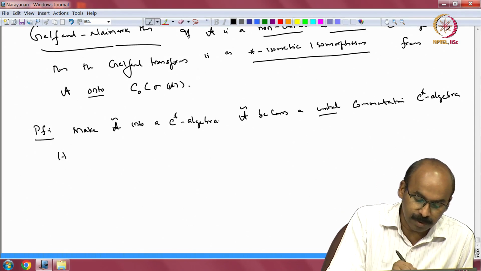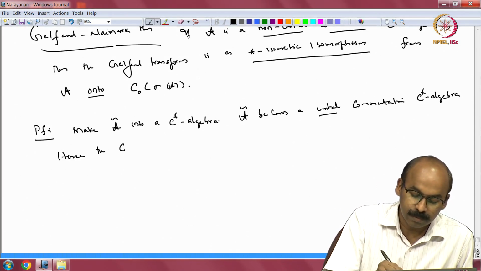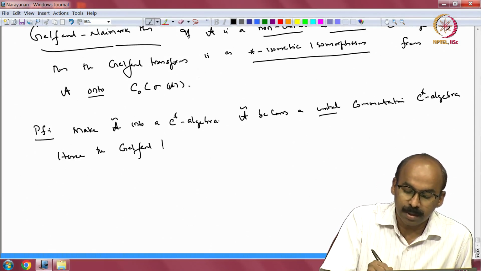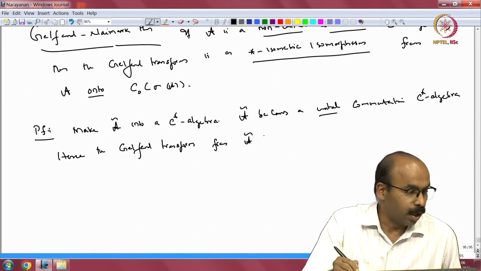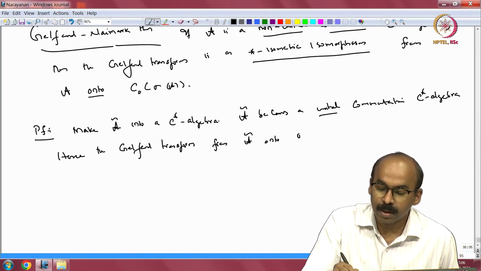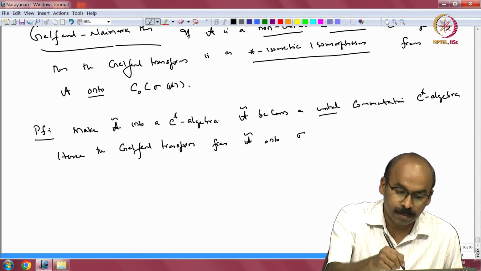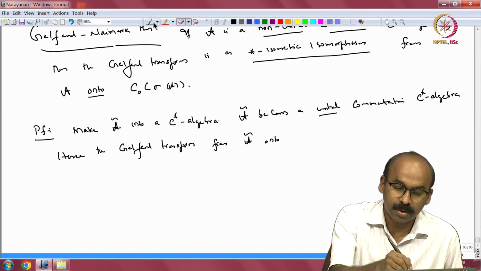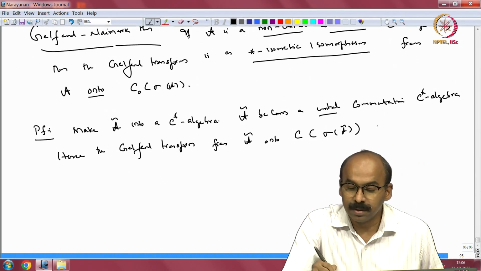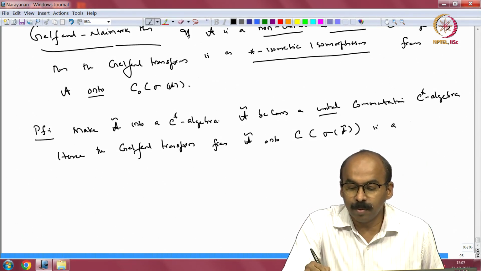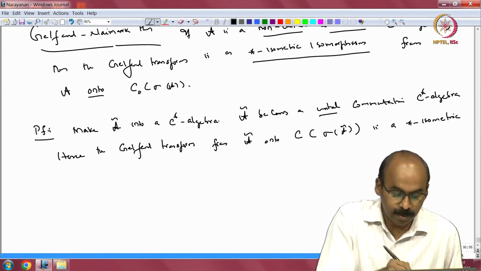Hence, the Gelfand transform from A tilde onto C, the continuous functions on sigma of A tilde, right, is a star isometric isomorphism.